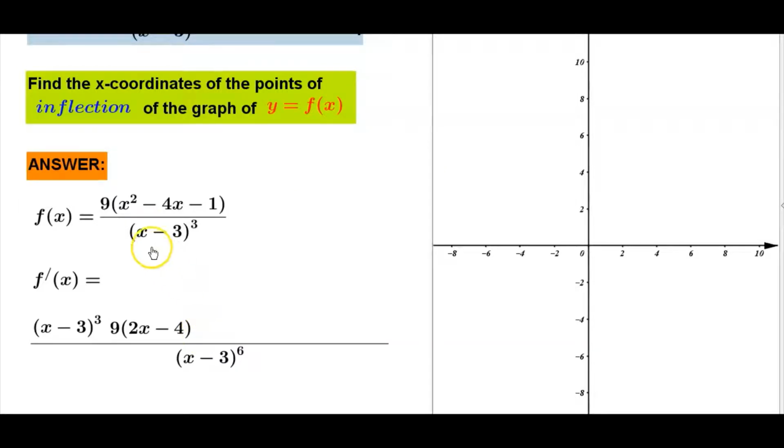Minus, into numerator 9(x squared minus 4x minus 1) into derivative of this denominator. Derivative of this denominator is equal to 3 times (x minus 3) to the power 3 minus 1, that means 3 into (x minus 3) squared.